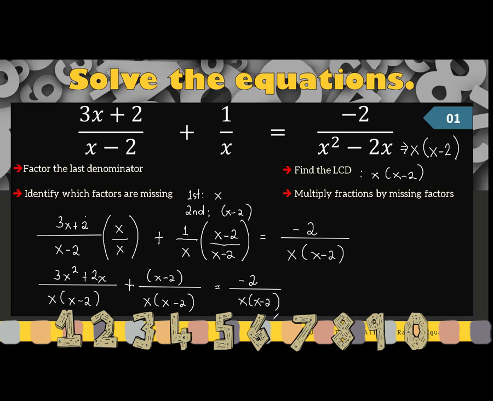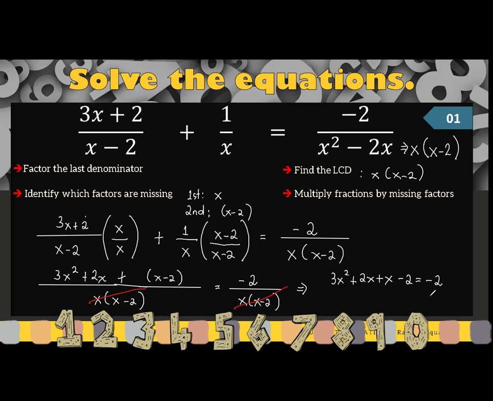Now, since the denominators are the same, the expression on the left-hand side can actually be written as a single fraction. Now both sides have the same denominator, so they can be cancelled out. Now the equation is simplified as 3x squared plus 2x plus x minus 2 is equal to negative 2.